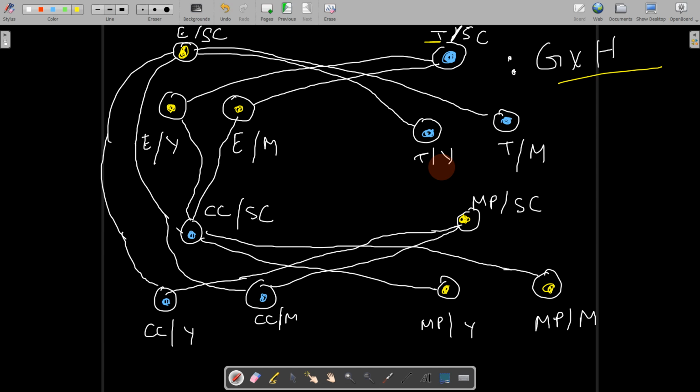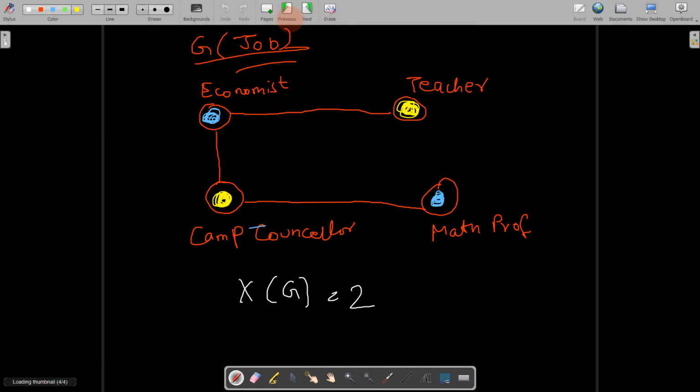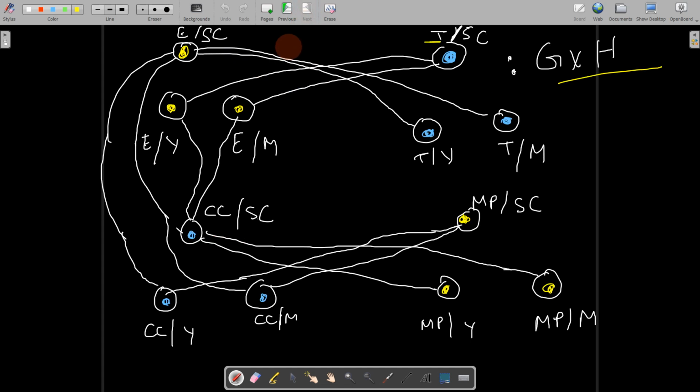Similarly, in some problems you cannot make conclusions based on the individual G and H graphs, because the combined graph can become more complex, with constraints from two pieces of information.